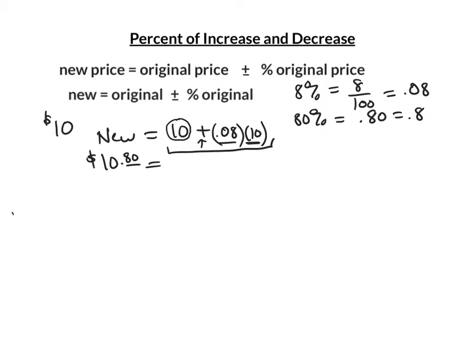So if you go up to the cash register and you're buying something for $40, then your new price will be $40 plus 8% of $40. Which ends up being $43.20.